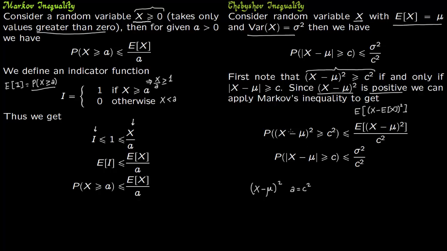The probability, so x minus mu square is greater or equal to c square if and only if x minus mu is greater or equal to c. That's what we write here. So the probability that x minus mu is greater or equal to c is less than or equal to the variance of x, which is sigma square, divided by c square.